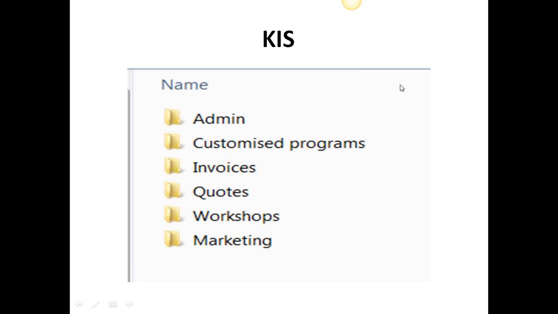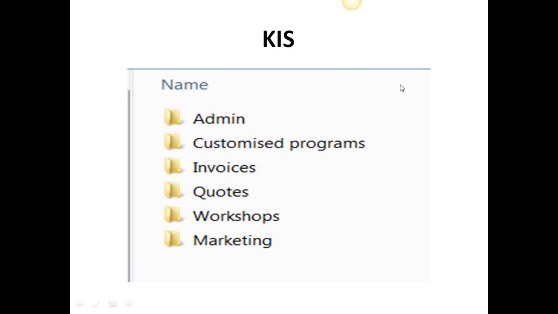And I've included mine. This is mine for my Time Equals Money. It's nice and easy, nice and simple. Things that are similar are grouped together. And I have customized programs out on its own instead of in workshops, and same with invoices instead of in admin, because I'm going to those particular ones all the time.